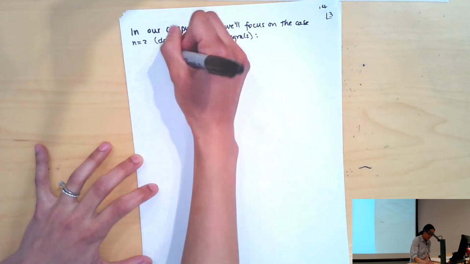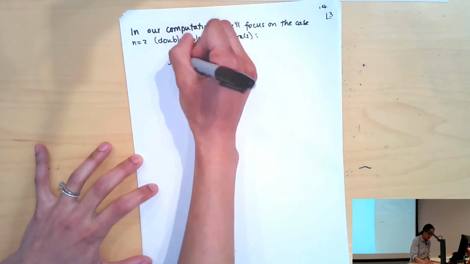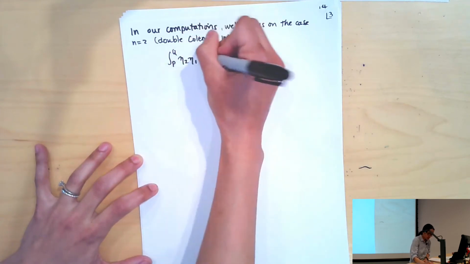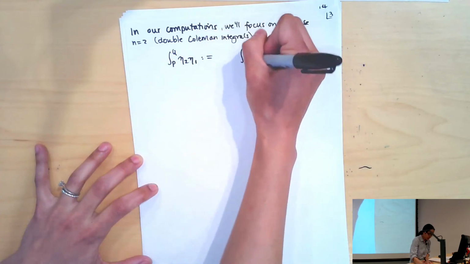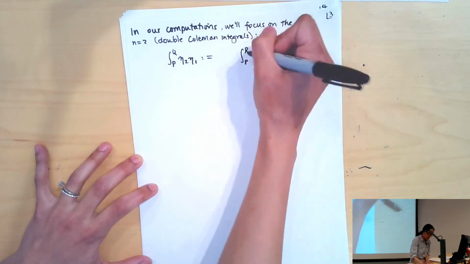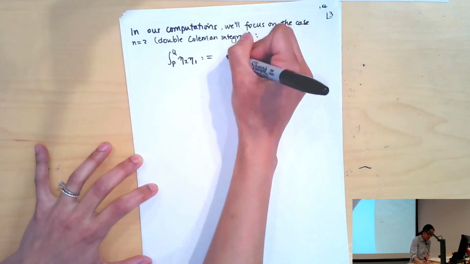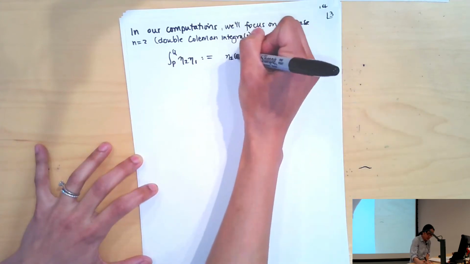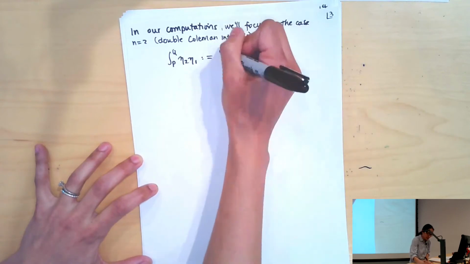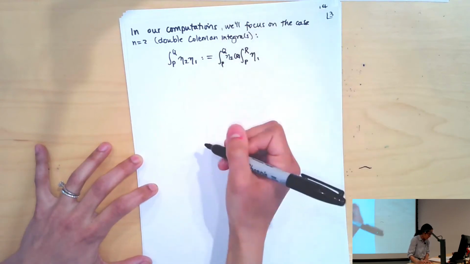These are things that look like the integral from P to Q of eta 2 eta 1. What I mean by that is, we're integrating from P to some dummy variable R, and we get some expression in terms of R, and then we rewrite eta 2 in terms of this dummy variable R, and then integrate from P to Q.